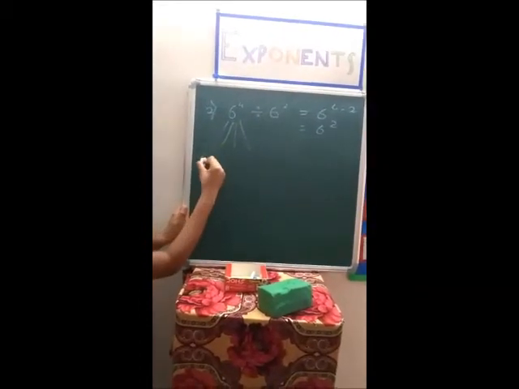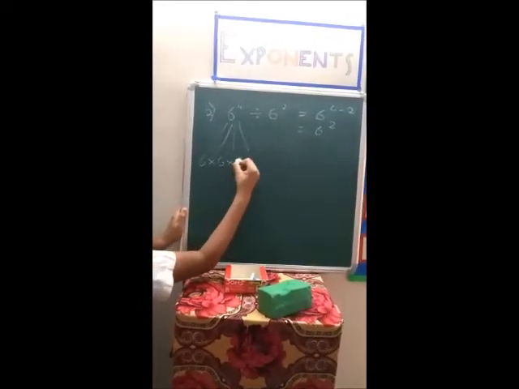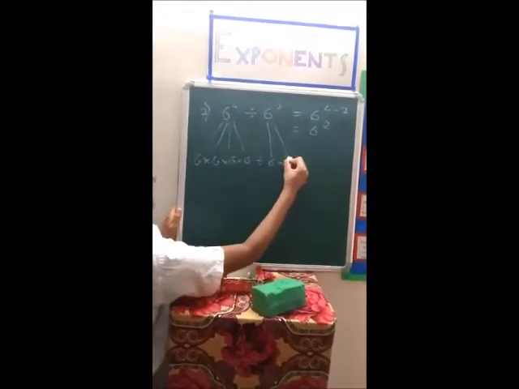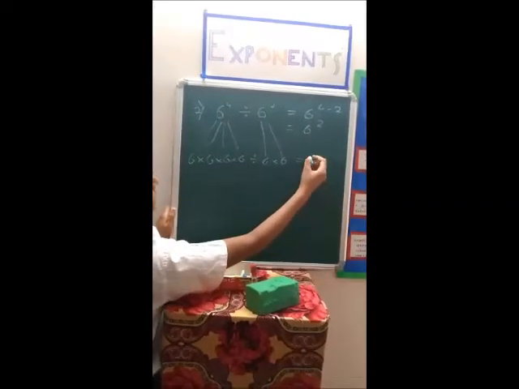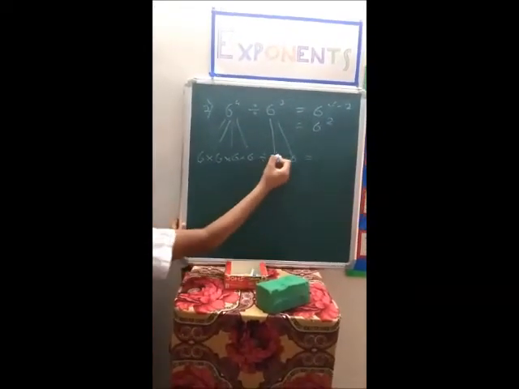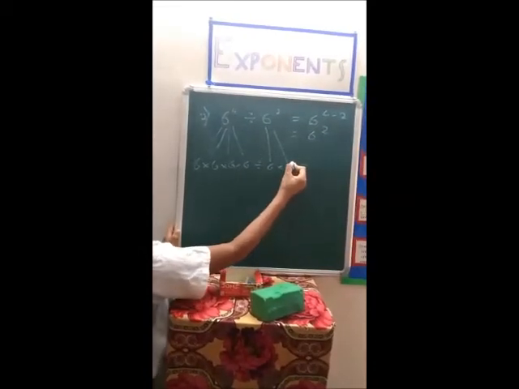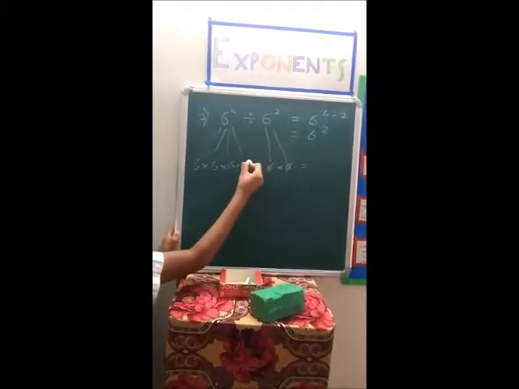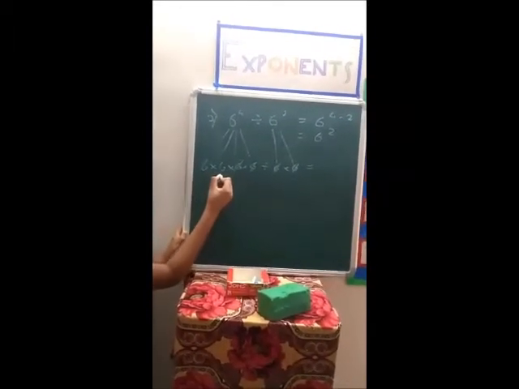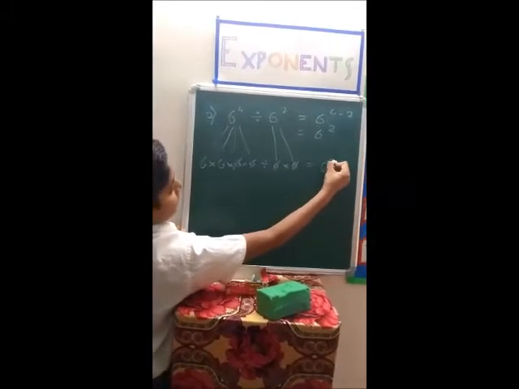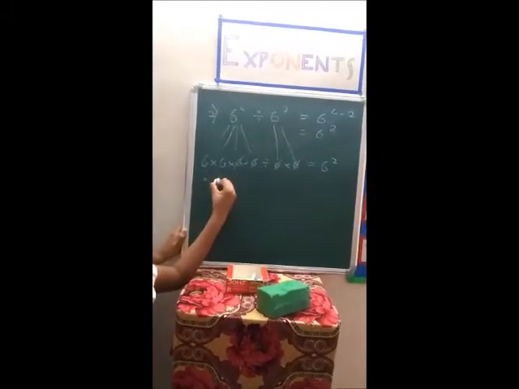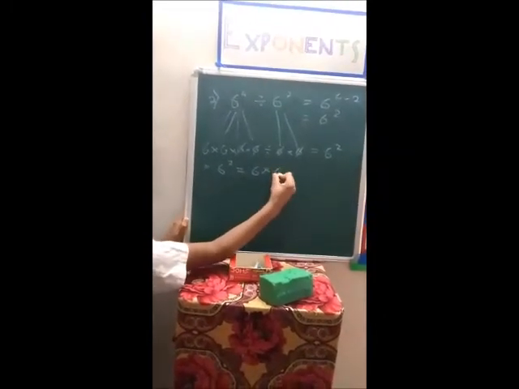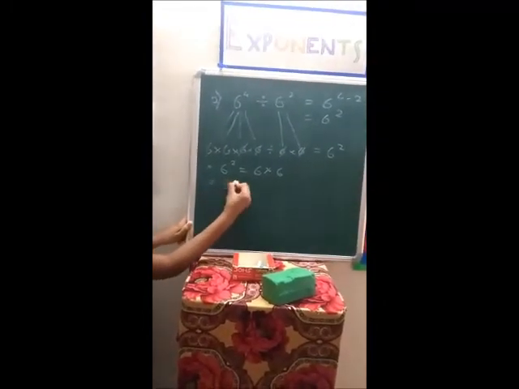And for proving that, 4 times 6 divided by 2 times 6 equals, so it's divide, so we will cut them 1 2 and 1 2, so only 2 6 are remaining, so 6 power 2, so 6 power 2 equals 6 multiplied by 6, which is equal to 36.